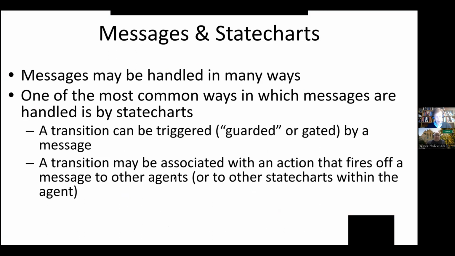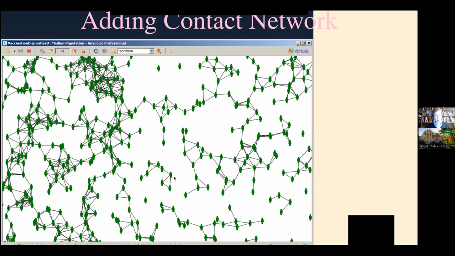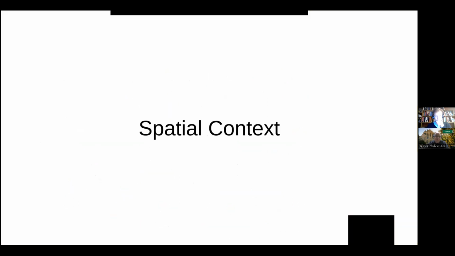And these can be handled in many ways that I won't get into, but it provides a very flexible and, in fact, rather computationally elegant way to characterize agent-agent interactions along one or more networks.